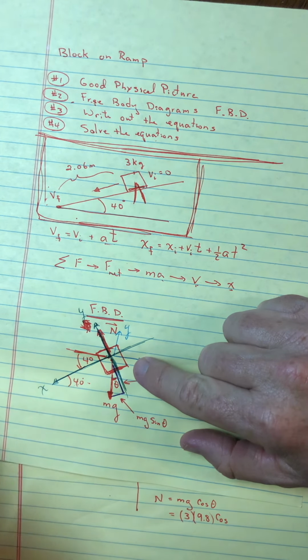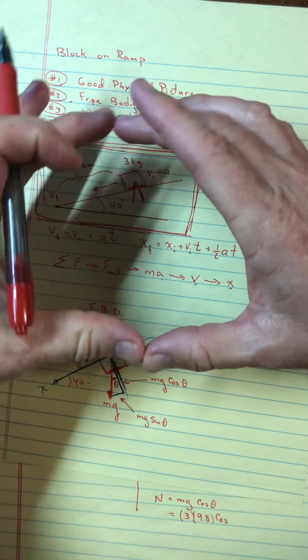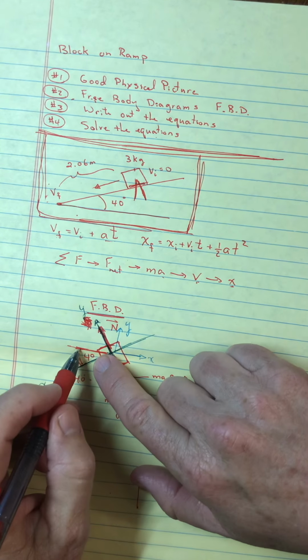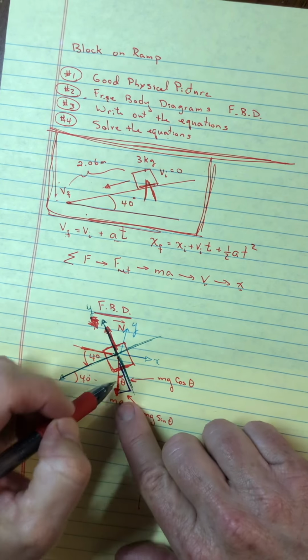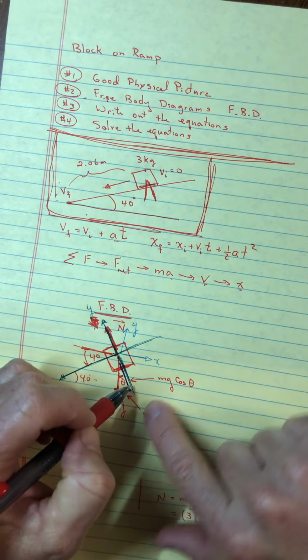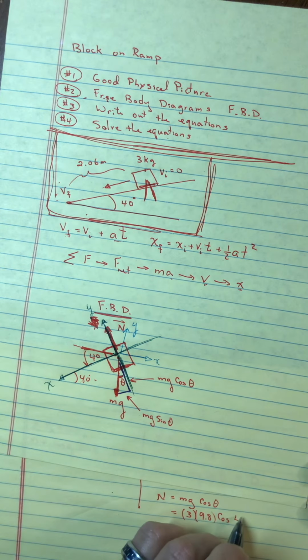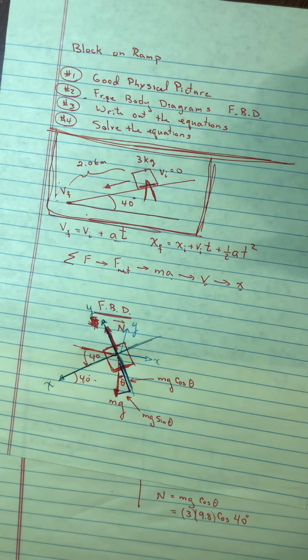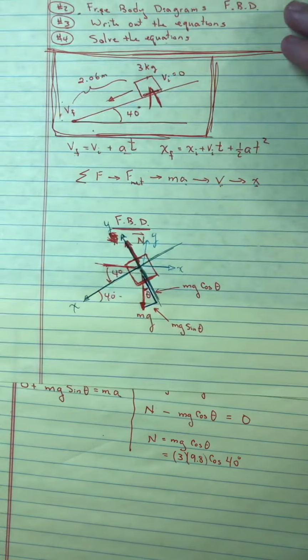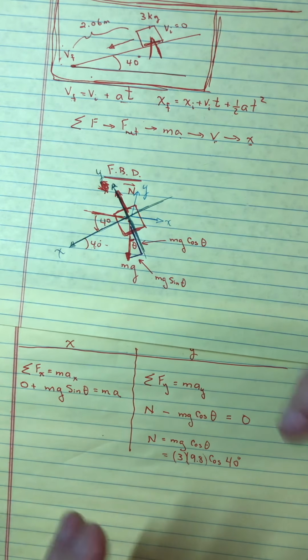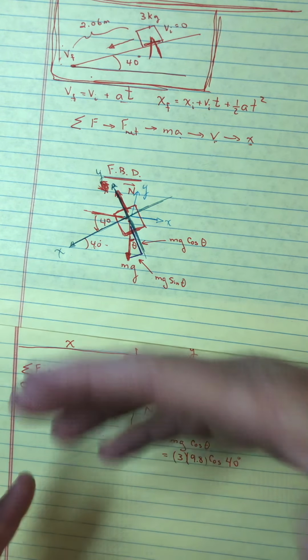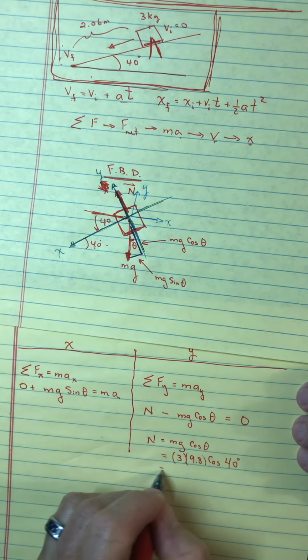These are alternate interior angles. So the twist of the x-axis is 40 degrees, which means the y-axis also must twist 40 degrees. So this twist angle, if you will, of my grid is also the slope of the incline, the 40 degrees. All right.